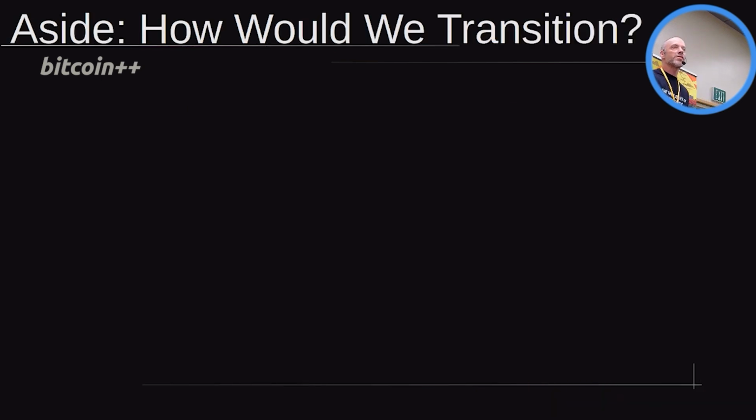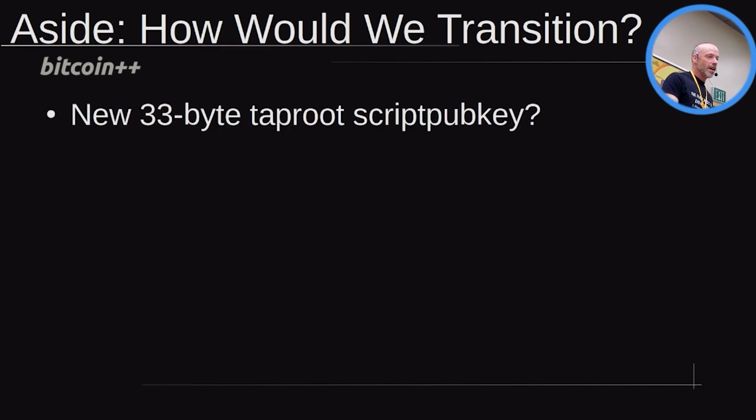Okay, how would we transition? And I had to redo this slide yesterday because we had a discussion about this and everyone hated the way I transitioned. I added a new SegWit version, but everyone went, you don't need to do that, Rusty. They suggested that they really want a 33-byte script pub key because they want the parity bit back, because apparently it just makes life really hard to do 32-byte X-only pub keys.